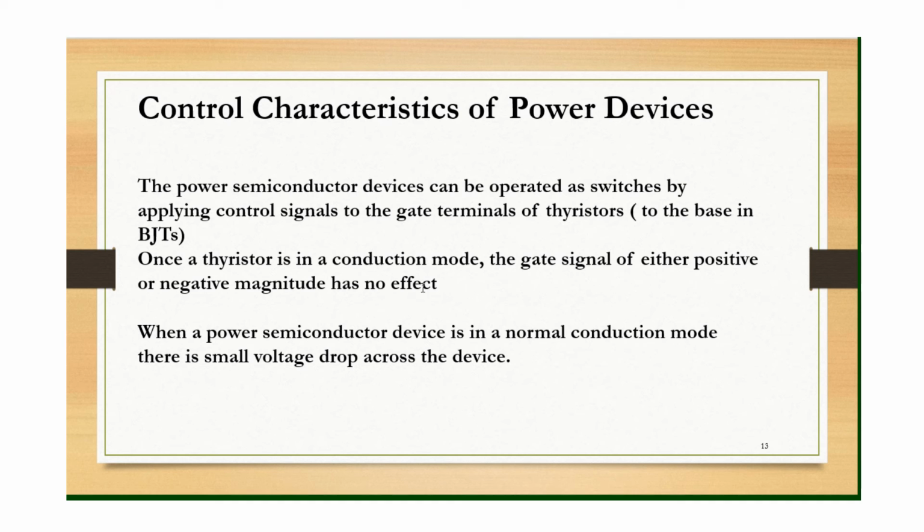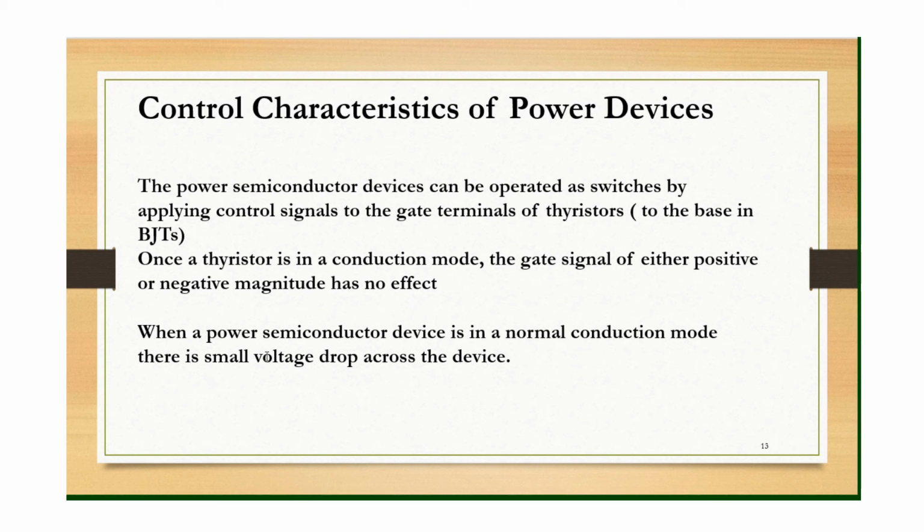So what does it mean? Once the thyristor or the power semiconductor device is turned on, whatever signal you have applied at the gate has no effect, which means even if you withdraw that gate signal, the thyristor continues to be in conduction mode.